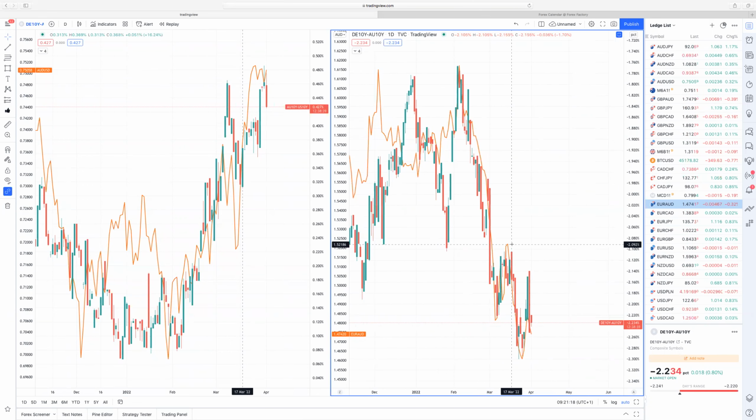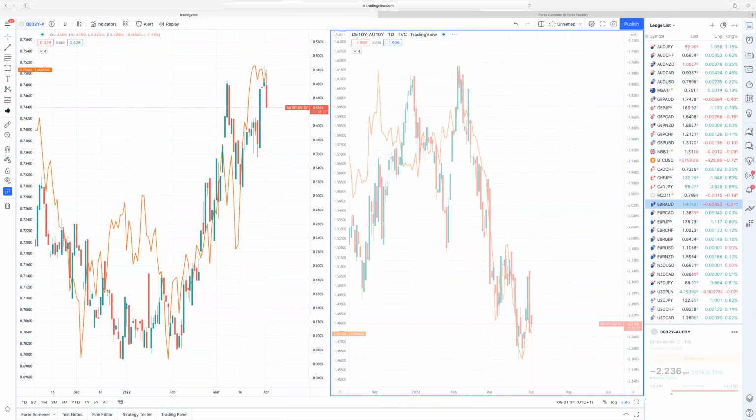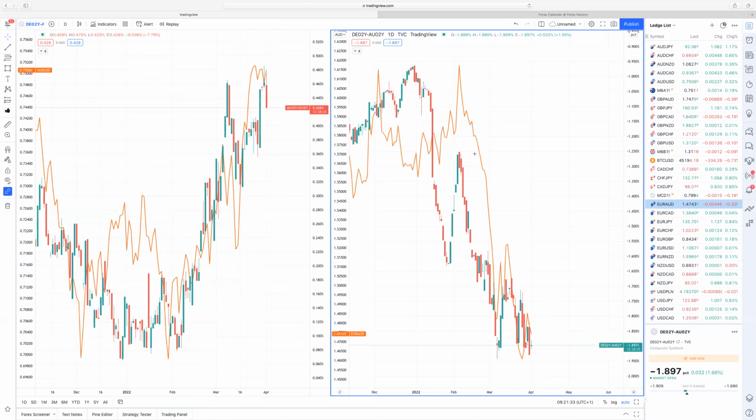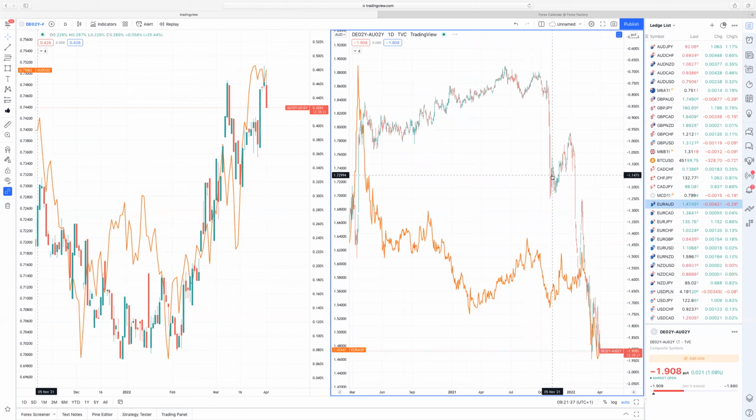Now, ahead of central bank meetings, what I also look at is the short-term yield differentials, the 2-year ones. So we're going to have another quick look at these and see if they give us any new information. That's the German 2-year yield spread against the Australian 2-year yield spread, which is much more sensitive to interest rate moves.